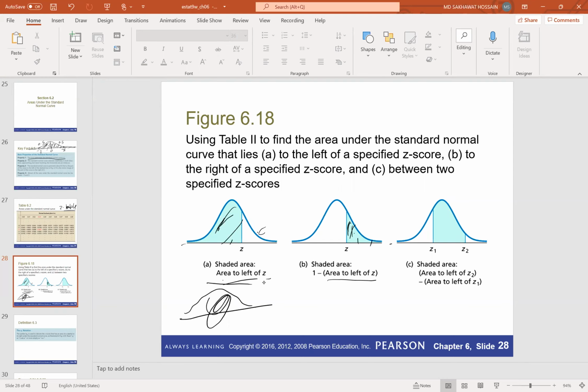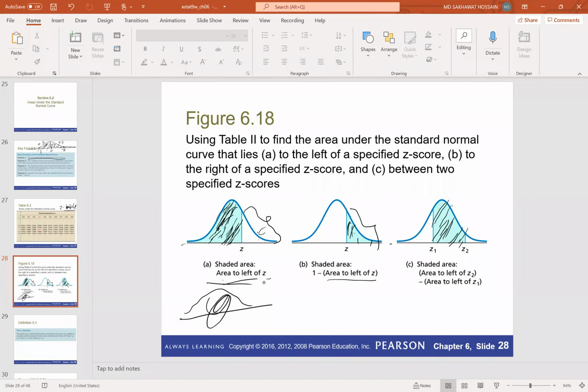So if you subtract the area to the left from 1, then you will get this area on the right. How can we calculate this shaded area?